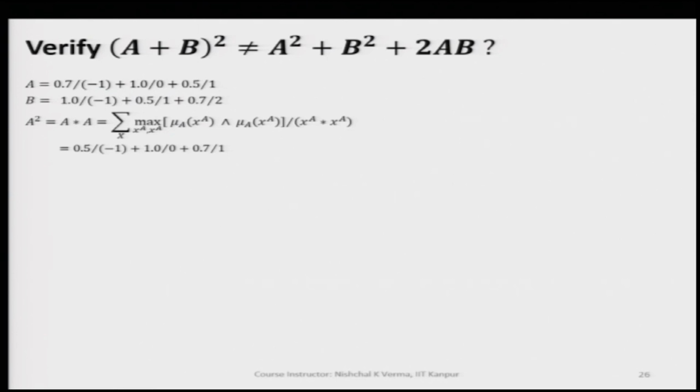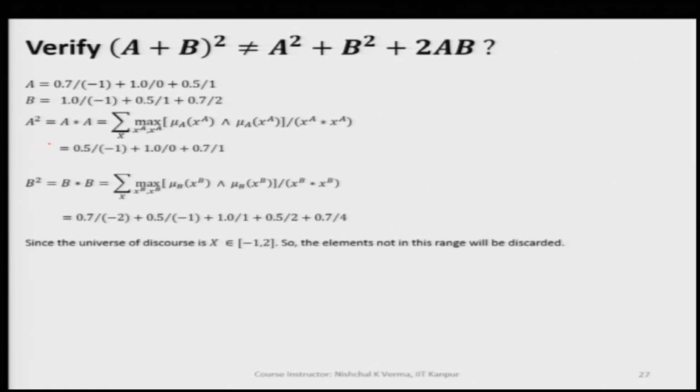So, A multiplied by A results in 0.5 by minus 1 plus 1.0 by 0 plus 0.7 by 1. So, this is how we are getting these three terms as A square.